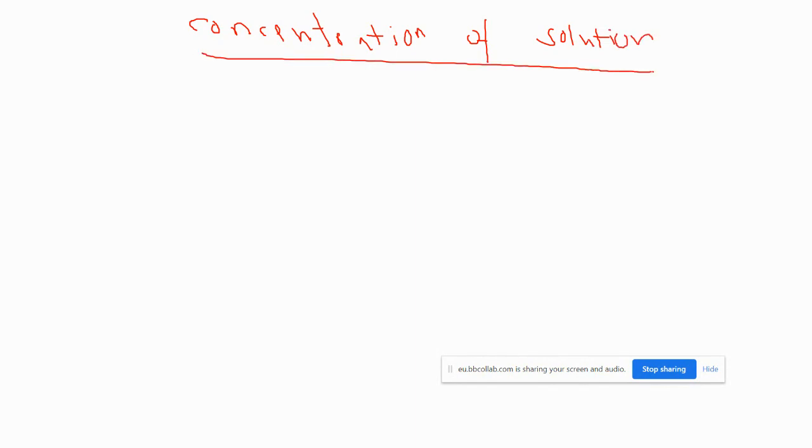Okay, so today we're going to study concentration of solutions. Before starting concentration of solutions, we should know about solution first.